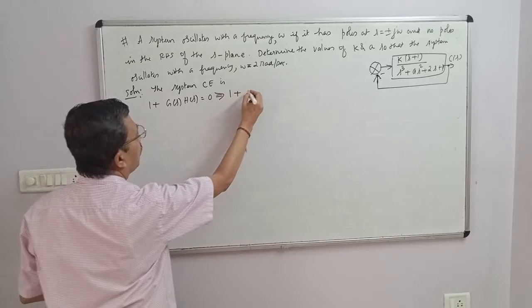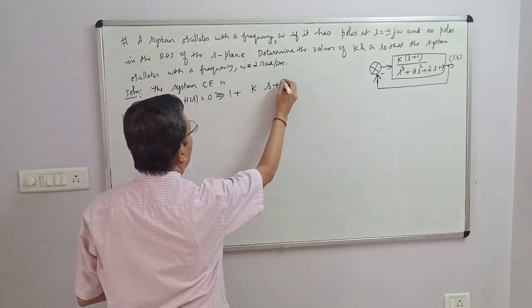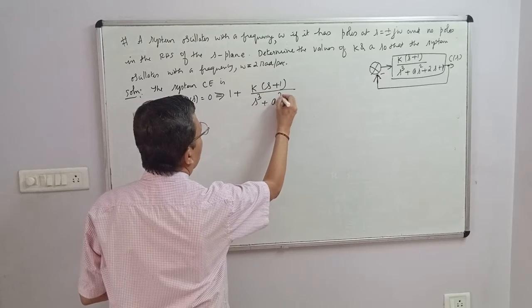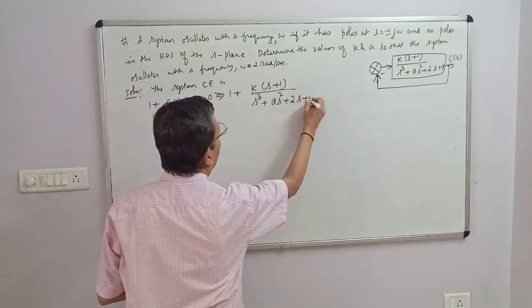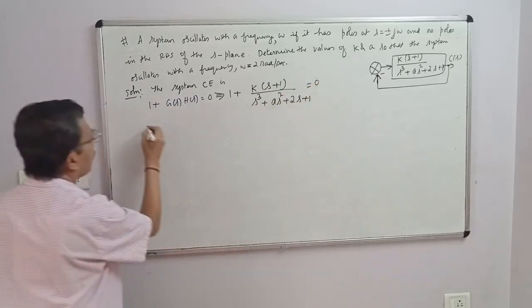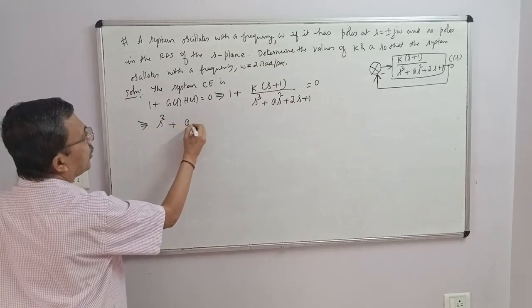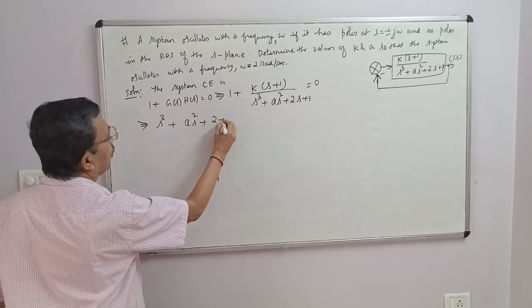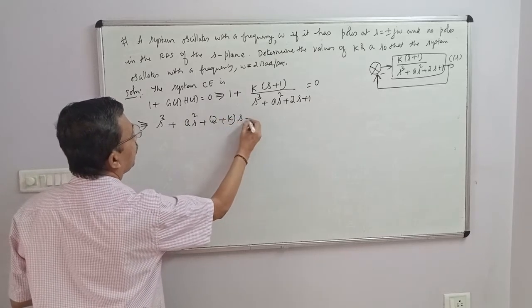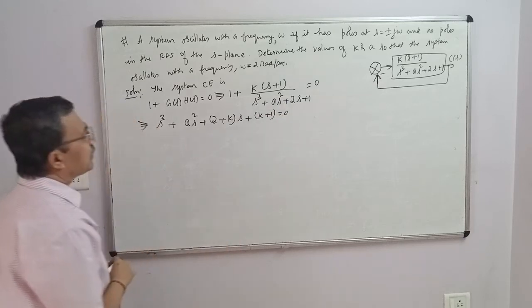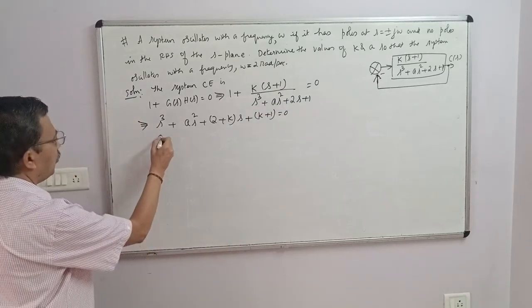This implies 1 plus K into (s plus 1) divided by (s cube plus A s square plus 2s plus 1) equal to 0. This in turn implies s cube plus A s square plus (2 plus K) s plus (K plus 1) equal to 0. Form the Routh's array.